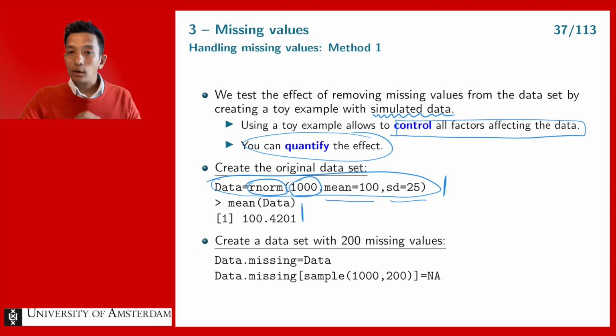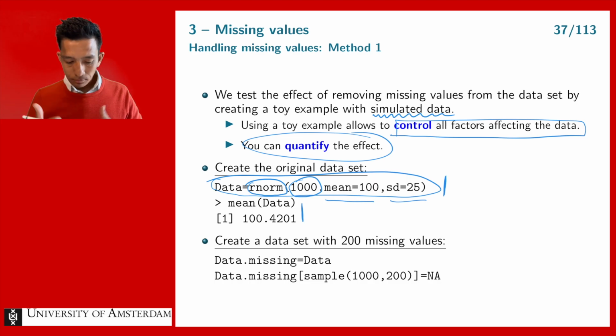What you can do at home, for example, is plot a histogram of the vector data to see if it's really a normal distribution. You can even compare it with the theoretical density of a normal distribution with mean 100 and standard deviation 25 to see if your data is indeed coming from a normal distribution.